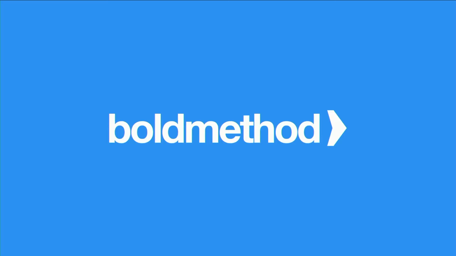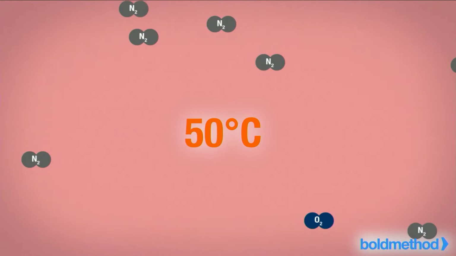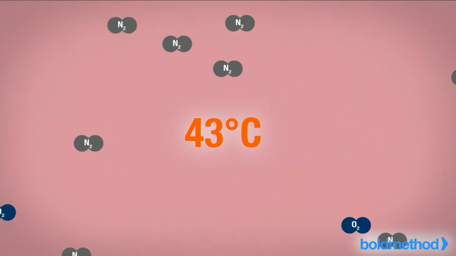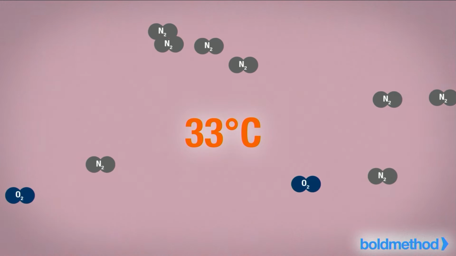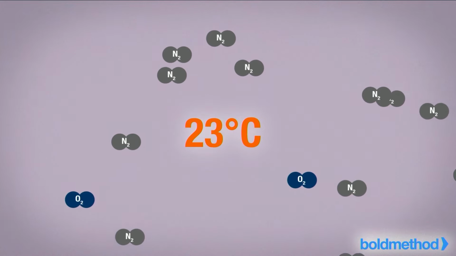The speed of sound is affected by one thing, and that's the temperature of the air. Here we've got some incredibly warm air, 50 degrees Celsius, and you can see how fast those molecules are moving around and how much they move.